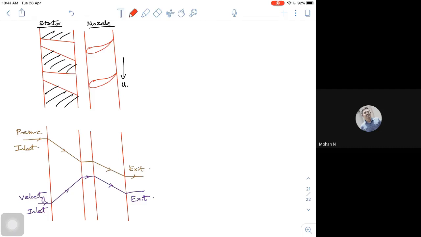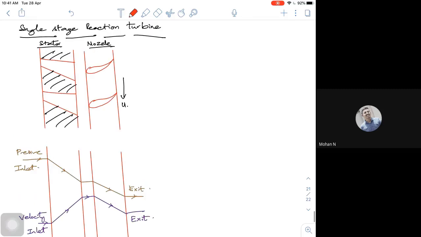So if I try to draw the velocity diagram, I'm going to draw the combined velocity diagram. CR1.